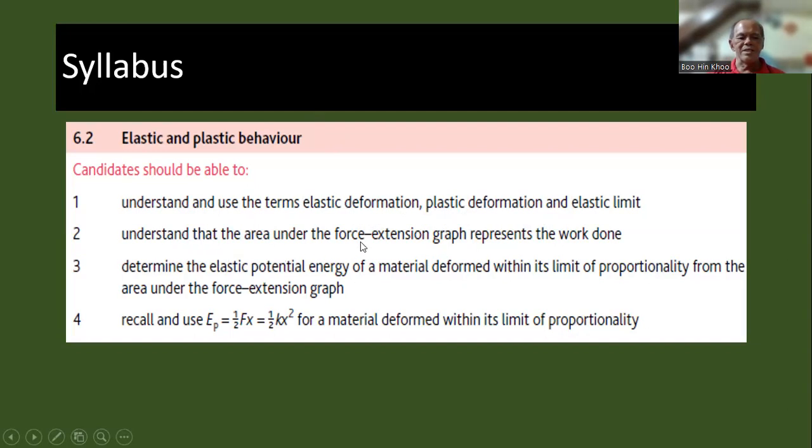Understand that the area under the force extension graph represents the work done. Determine the elastic potential energy of material deformed from its limit of proportionality from the area under the force extension graph.